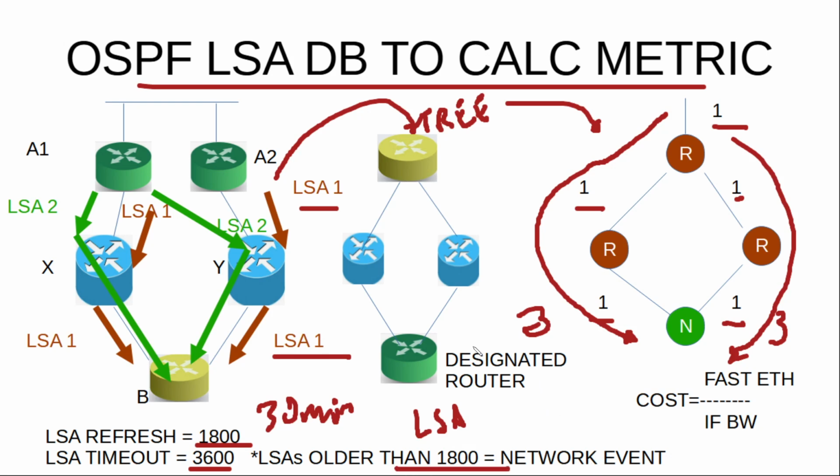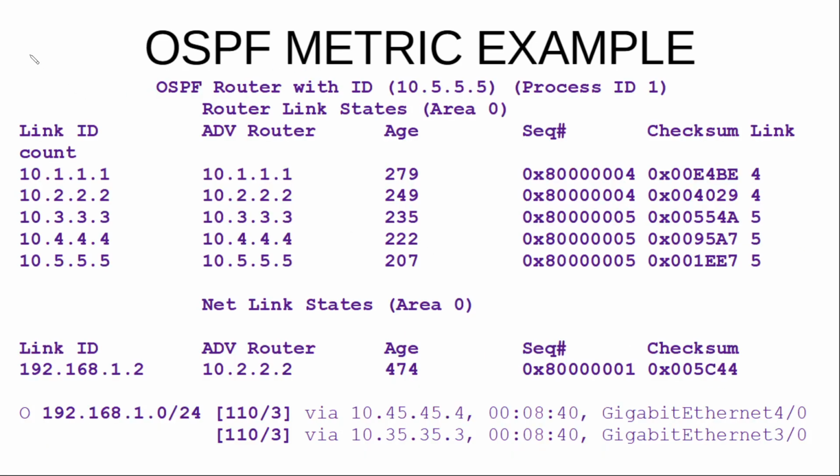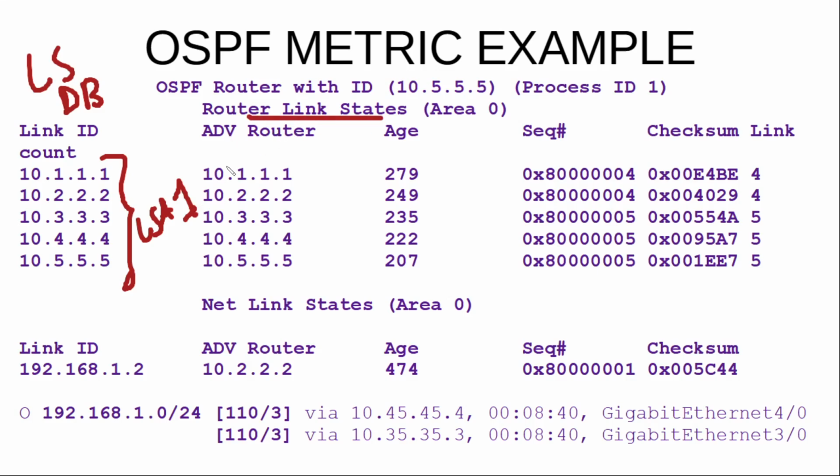Some event happened. Now let's see, for instance, the link state database. In this case, we have these LSAs type 1. These are the router LSAs. This means that our OSPF domain has 5 routers. This is the age. This usually goes up to 30 minutes and then it gets reset.